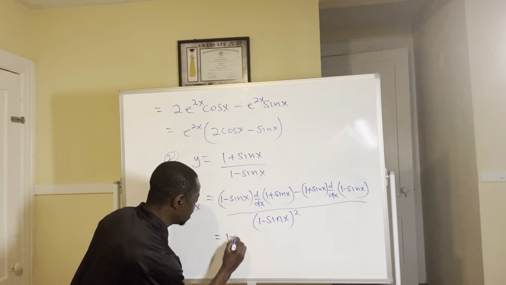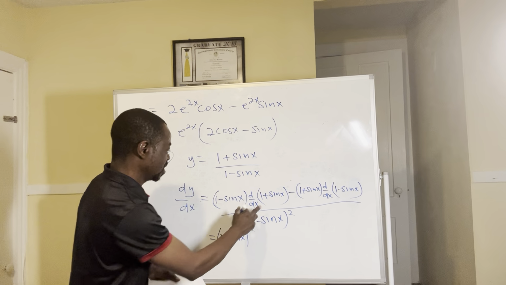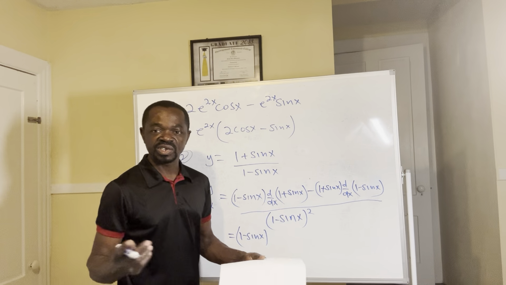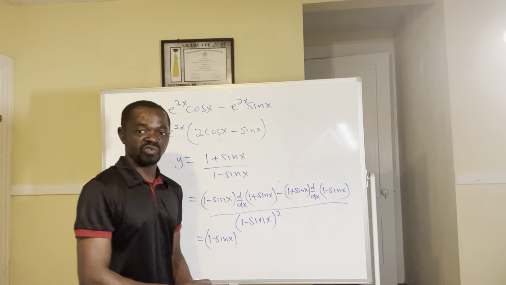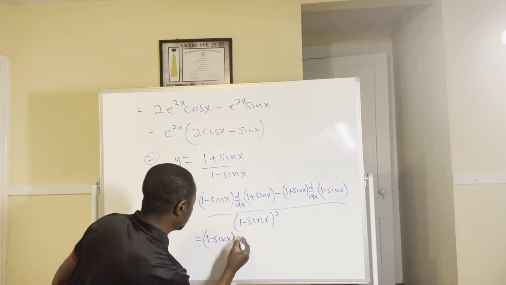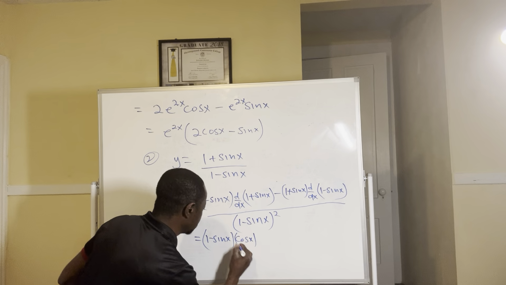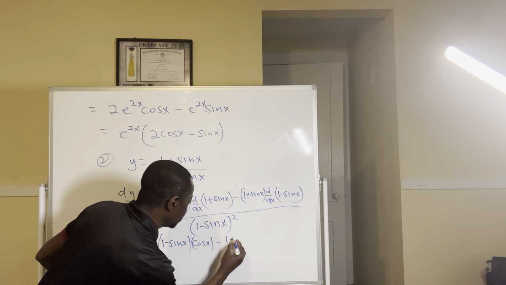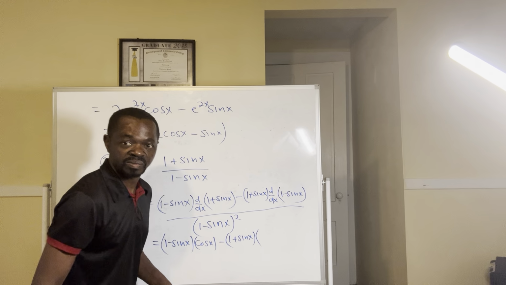So you have 1 minus sine of x. When you differentiate this, if you differentiate 1, it gives us 0 because it's a constant term. Now when you differentiate sine of x, it simply gives us cos of x. So here, this is cos of x. And then this is minus 1 plus sine of x in brackets.